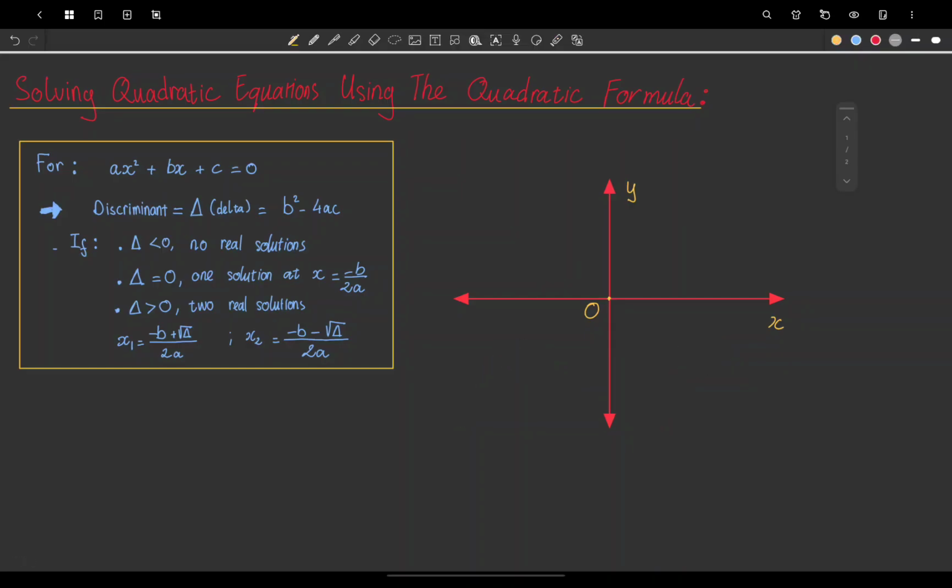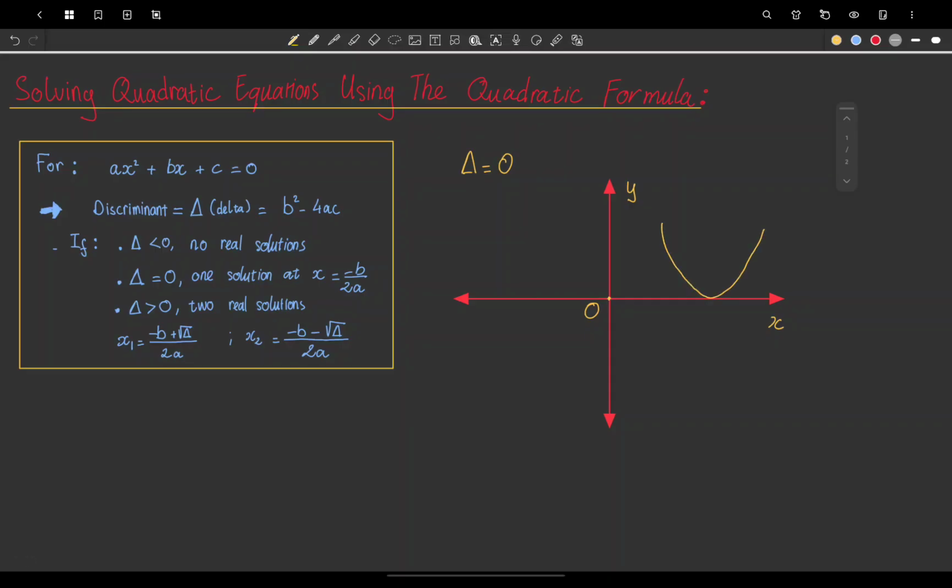So what happens when the discriminant is equal to 0? Why does it have one real solution? When the discriminant is equal to 0, the parabola of the quadratic equation looks something like this. Oops, that's a very bad drawing, I'll redraw that.